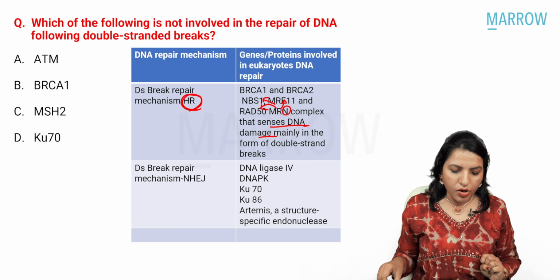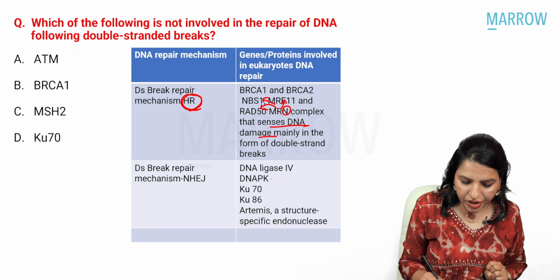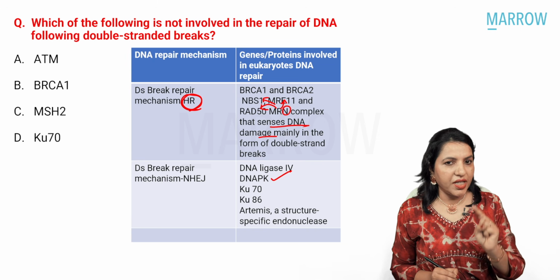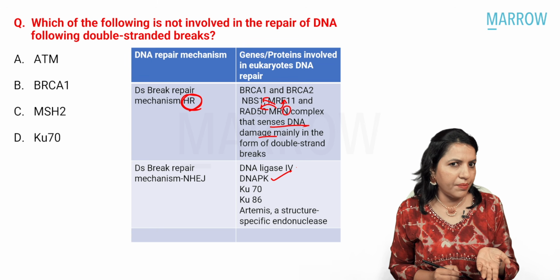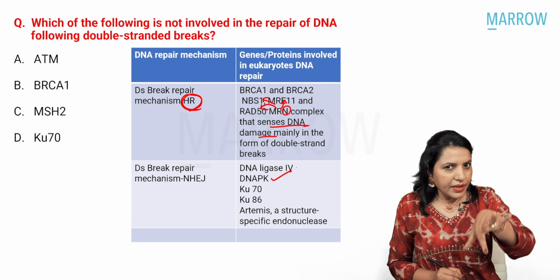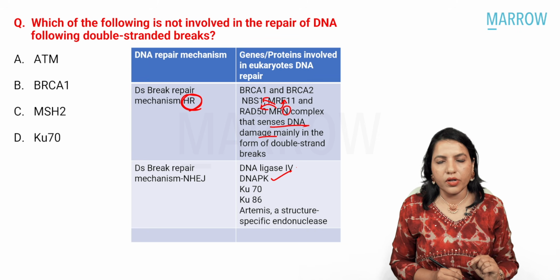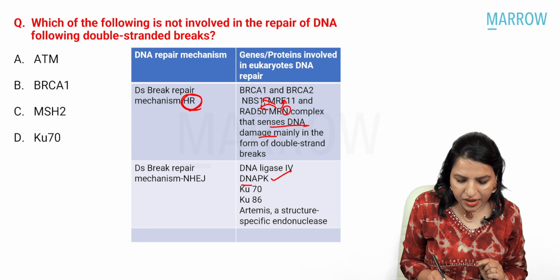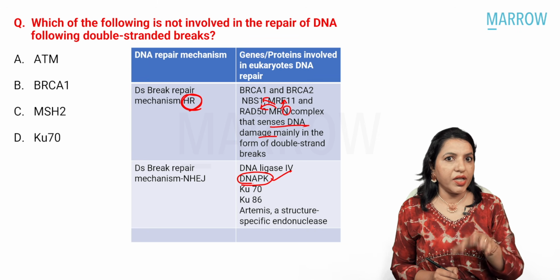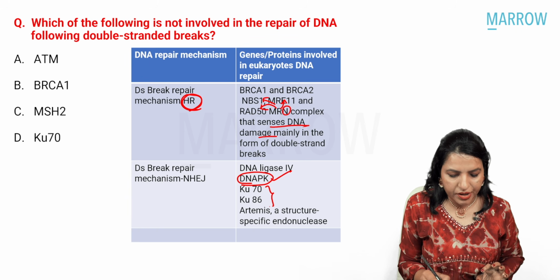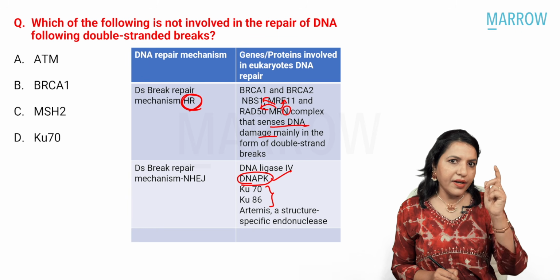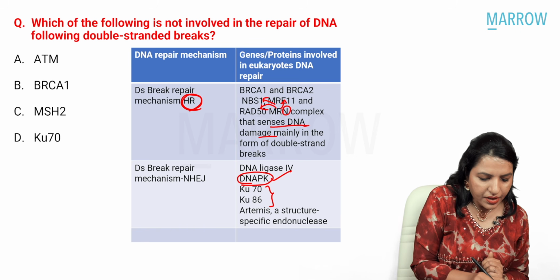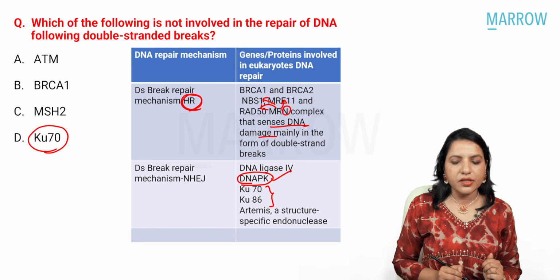In non-homologous end joining, certain proteins involved are DNA protein kinase. DNA ligase, as I said, is there for almost every repair mechanism. But specifically for non-homologous end joining, there is DNA-PK, that is DNA protein kinase, and Ku proteins. Two Ku proteins are there, Ku70 and Ku86. You can see Ku70 given in this option.